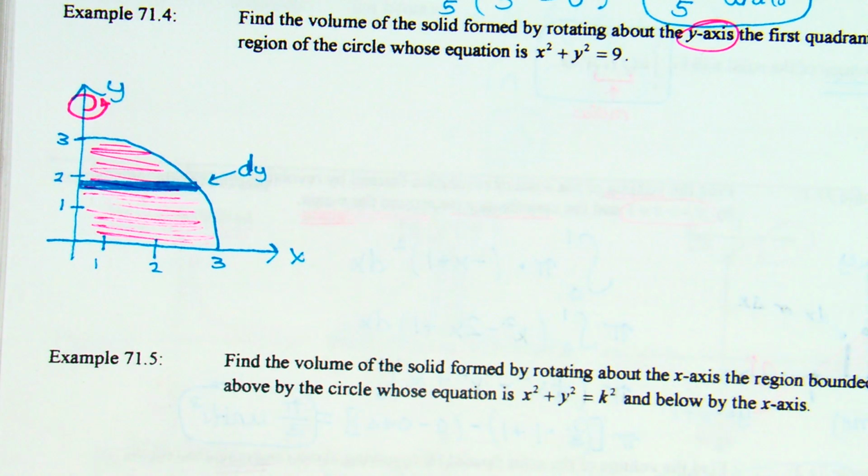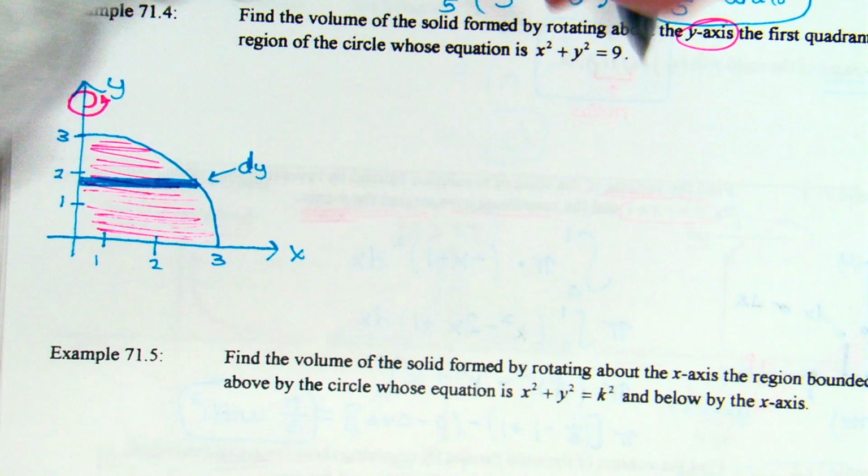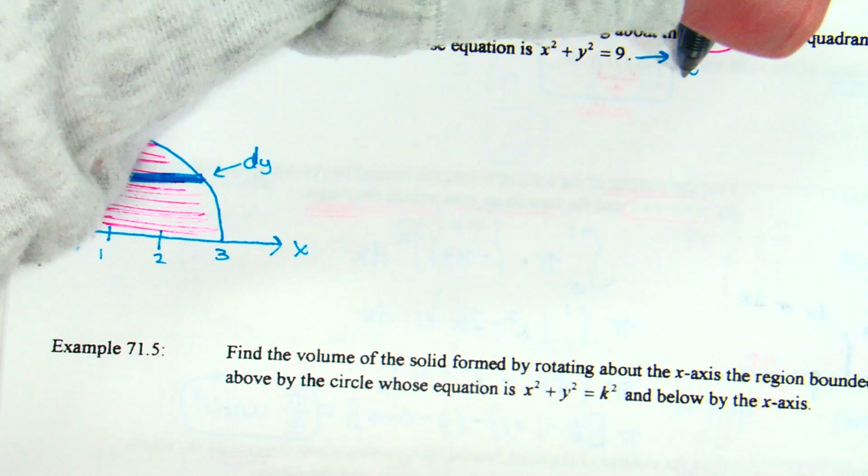Yes. Okay. Now, let's get our equation in order, because right now, x squared plus y squared equals 9. It's not solved for either variable, so that doesn't really help me. Okay, we want this in terms of y, because we're rotating around the y-axis. So, if I solve this for x, it becomes x squared equals 9 minus y squared.